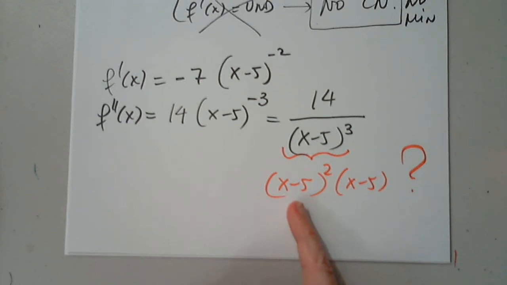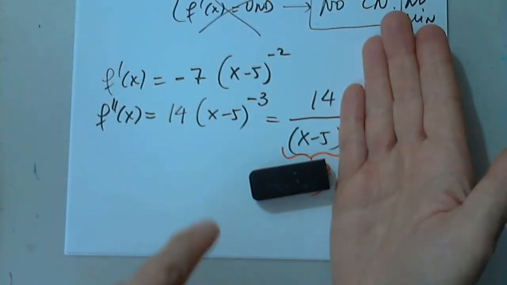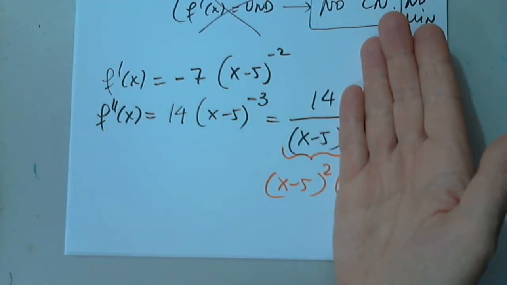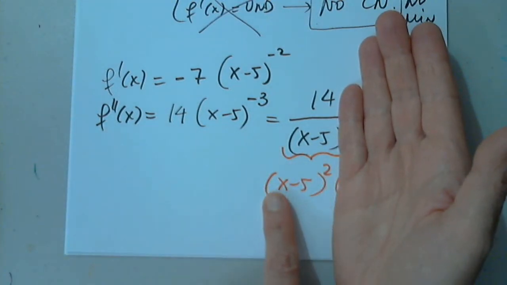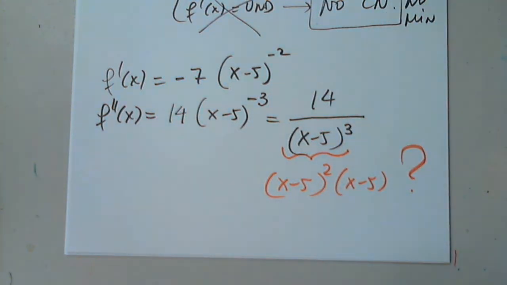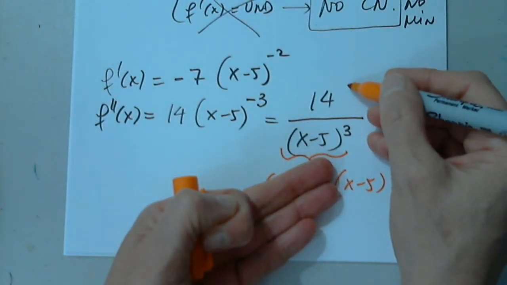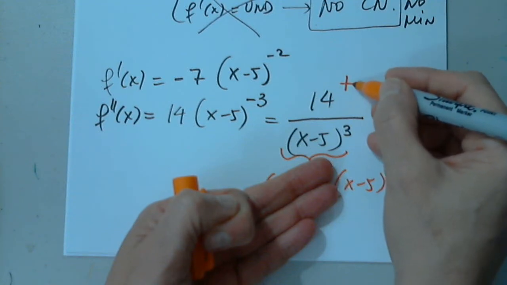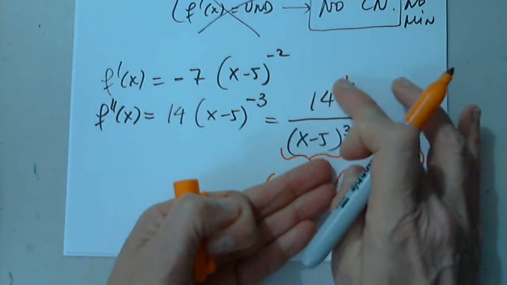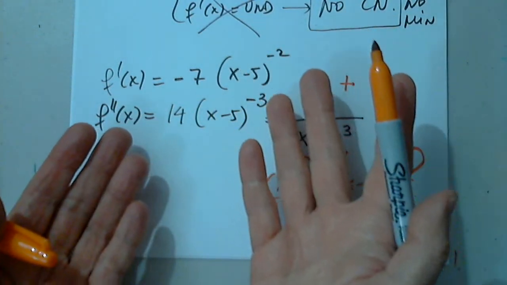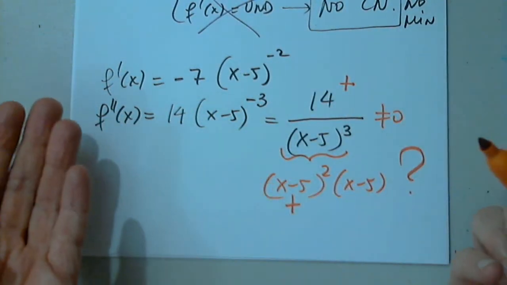Just this one. The squared is positive, right? Good. What is the sign of the numerator? Positive. Good. So this will not affect the sign, because this is never 0 and never undefined, the same situation as with the first derivative. So now I have to study the sign.